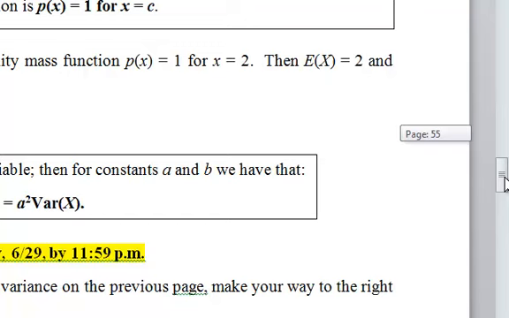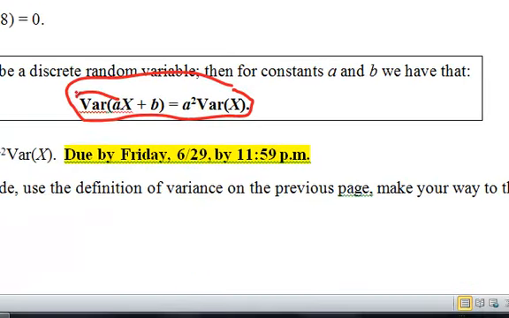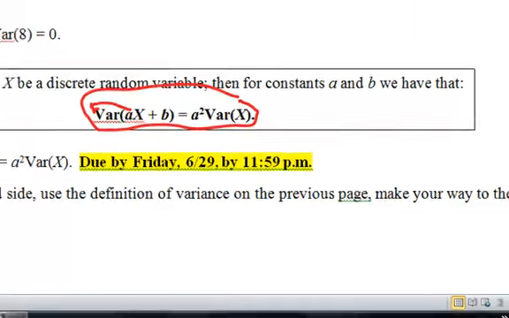There are other theorems about variance. The variance of a constant function is 0. If your function's constant, there's no variance. This is another nice theorem. If you have a constant in front of your random variable, that constant comes out front of your variance squared. I thought I would leave that as a bonus.